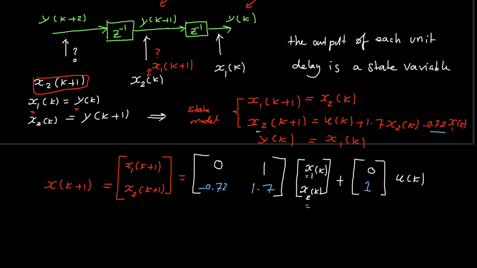And for the output, y of k written in terms of the states x1, x2, let's omit the k here, it will read as x1, so this will be 1 0, and there's no input here.